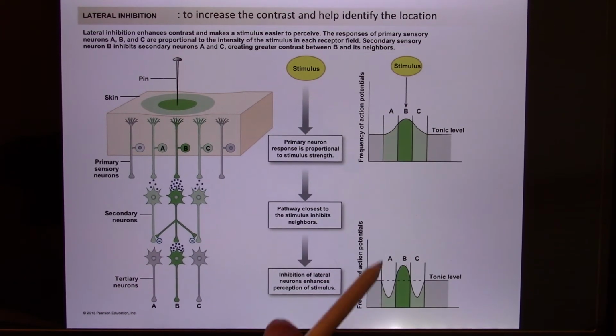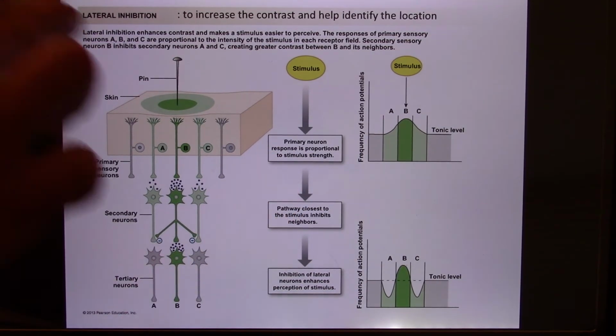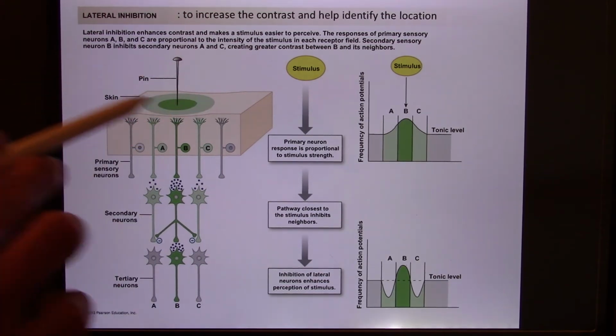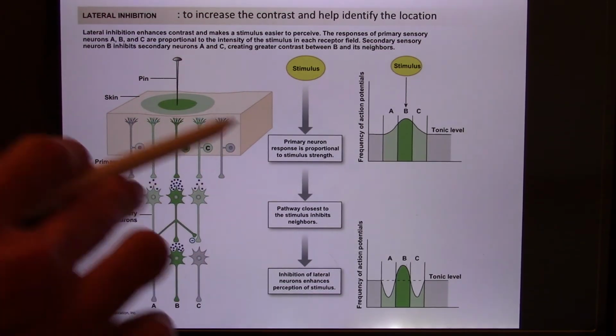It's pretty easy for the brain to know, okay, B is the signal and A and C are not. So this is called lateral inhibition. This way the skin is used to increase the resolution in some sensitive body parts, like your finger, your lips. The lateral inhibition does not happen in the receptor part, it happens in the neural network part.